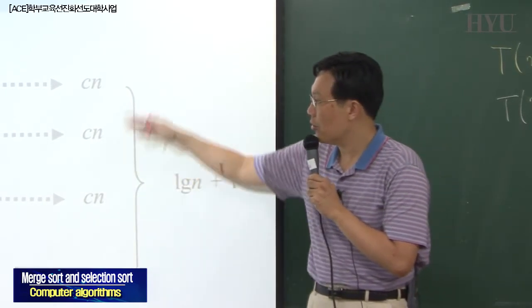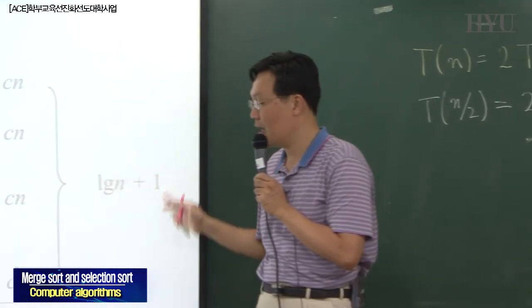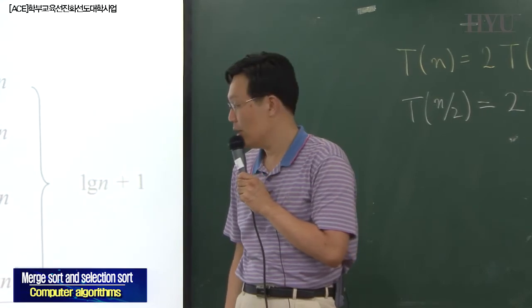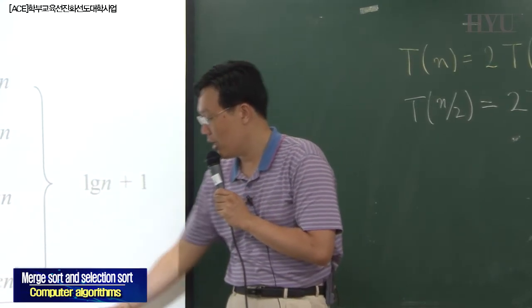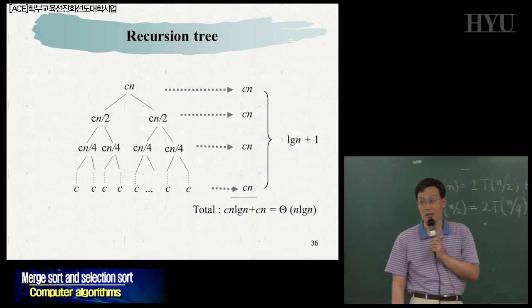So the total, we multiply cn by log n plus 1, and then we get cn log n plus cn.